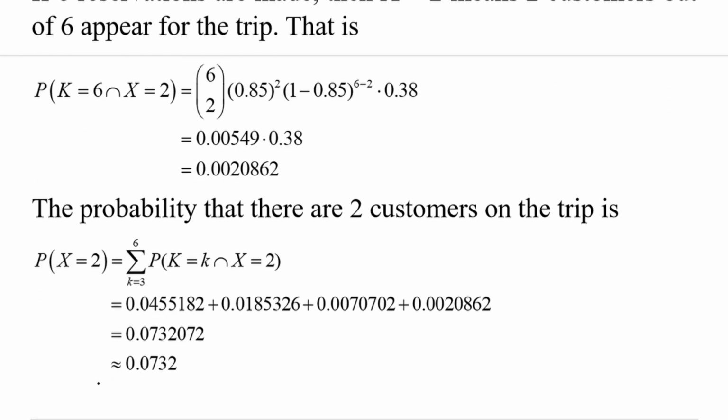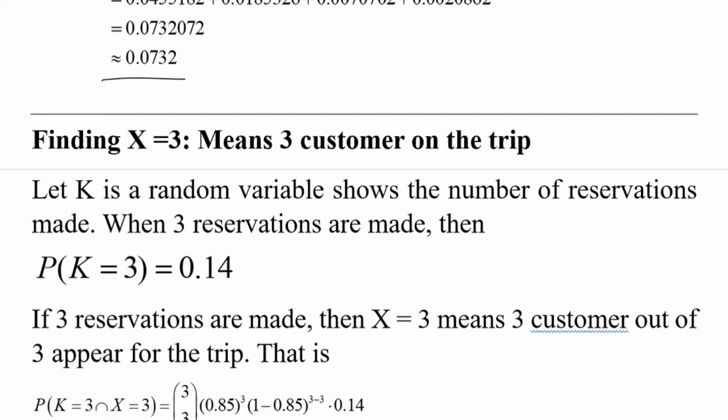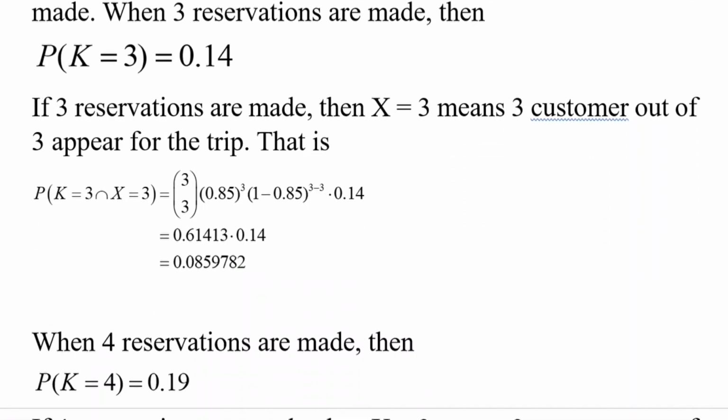The probability that there are 2 customers on the trip is this one. Now we need to find x is equal to 3.